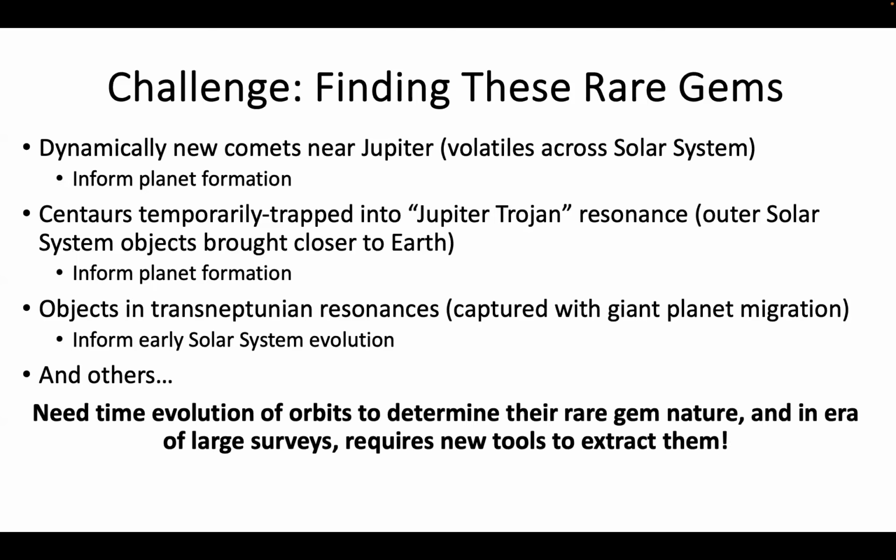So, what we really need is, rather than just looking at their orbits, we need to be able to look at how their orbits evolve over time in order to make sure that we know which ones are those most useful, helpful, important rare gems that can help us constrain planet formation and evolution models. And in the era of large surveys, when we have large numbers of these objects, we need the right tools to be able to pull these specific objects out of those data sets.